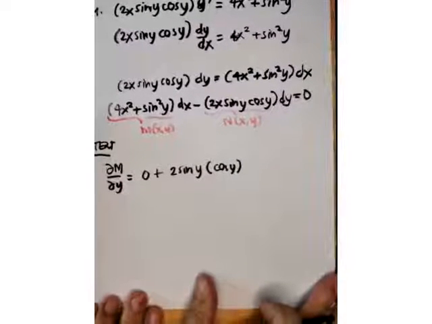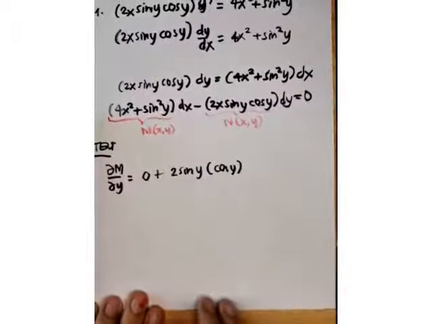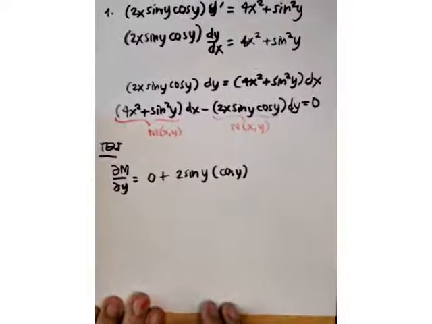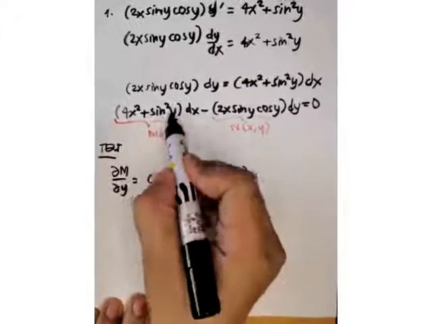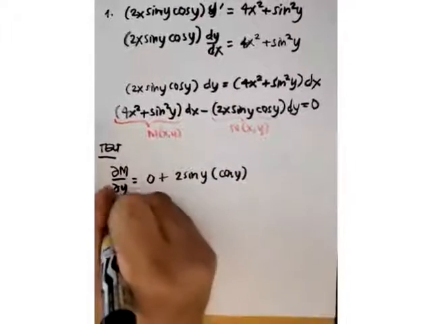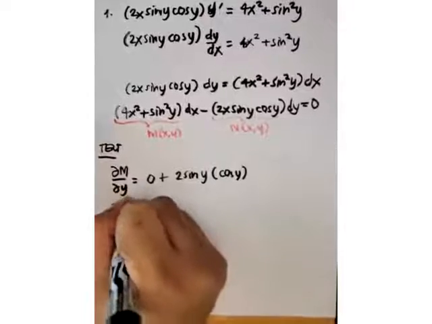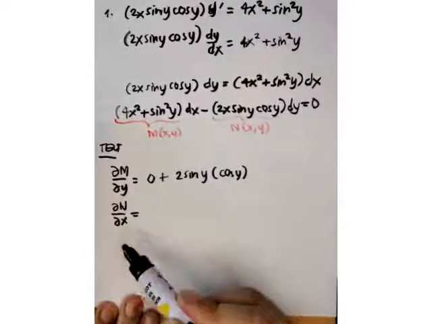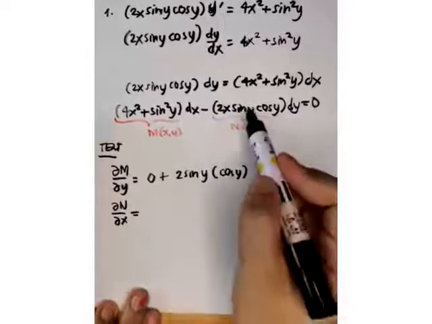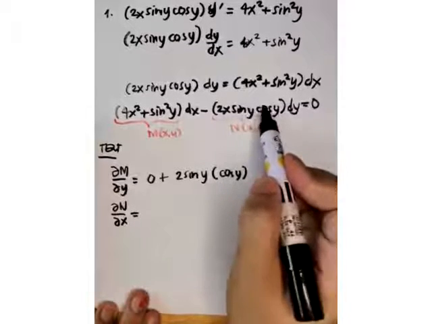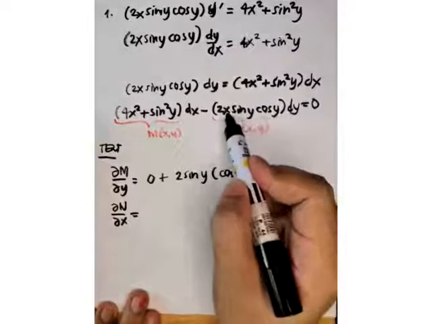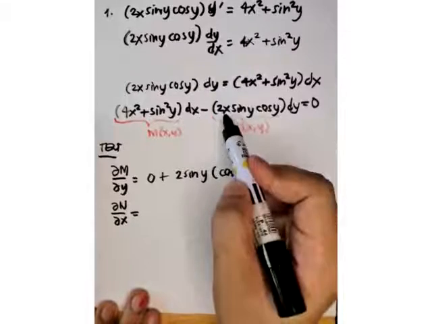Okay? Tama ba yung power, sine, and then deriving sine? Okay, next. Yung N with respect to x. So this time yung y naman yung constant. Ang i-derive lang natin yung x, so derivative ng x, 1.